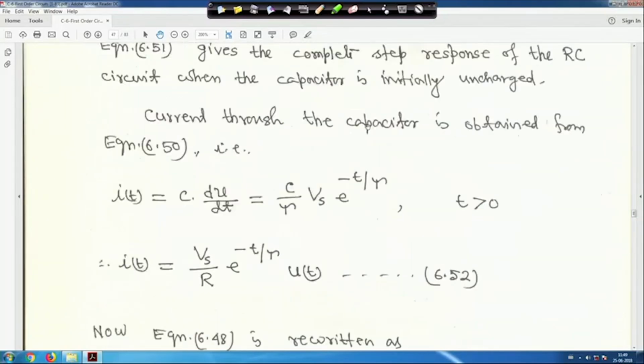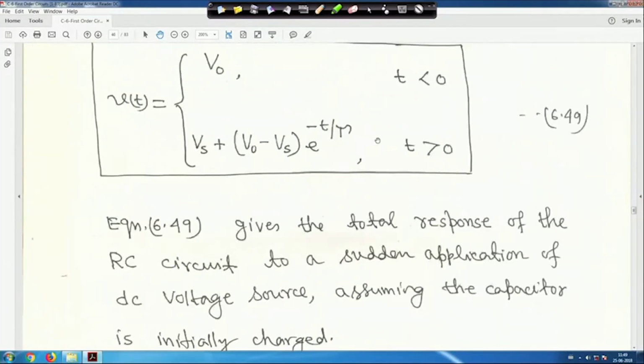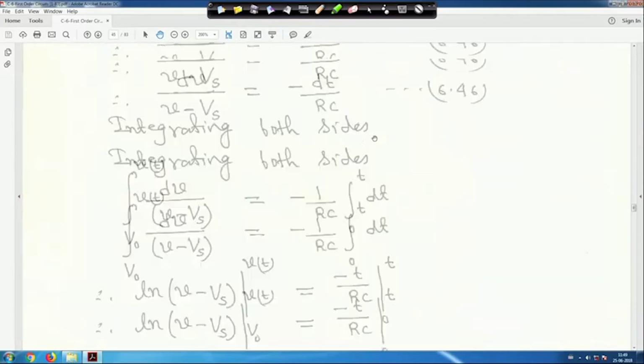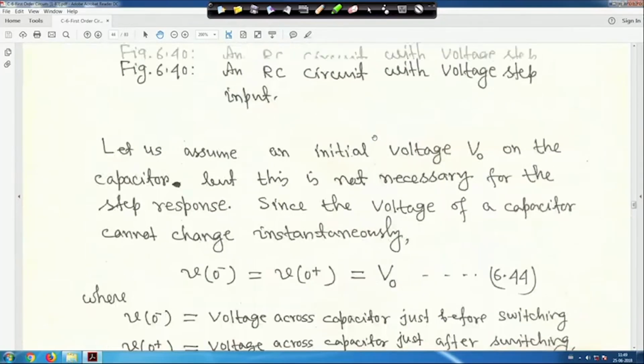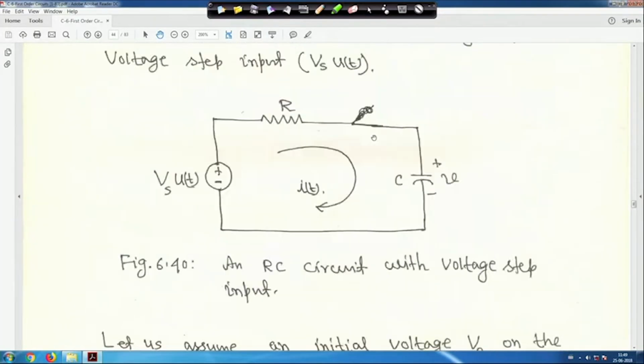If you come to the circuit, because we have to use this again and again for solving numericals, the capacitor, when the switch is closed for a long time for DC, acts as an open circuit, right.